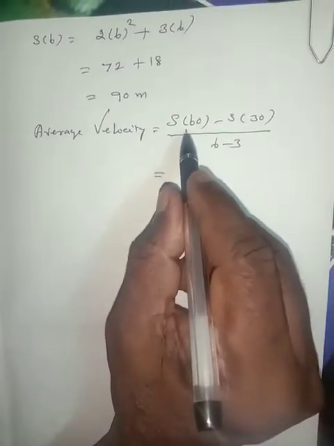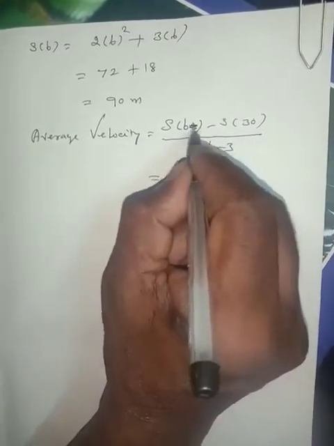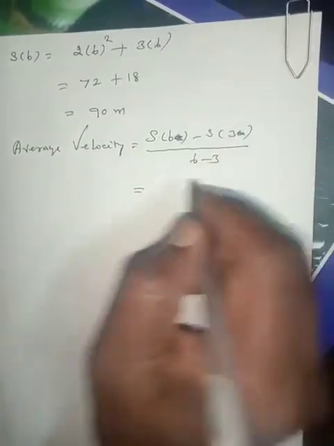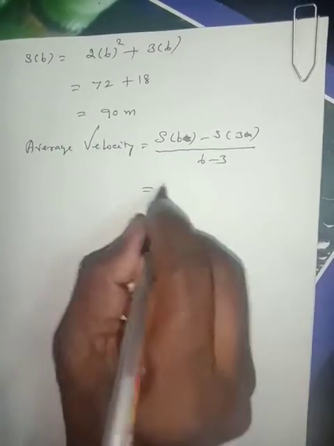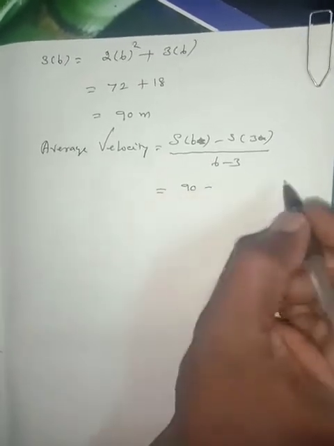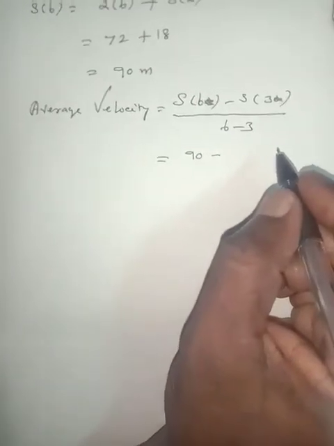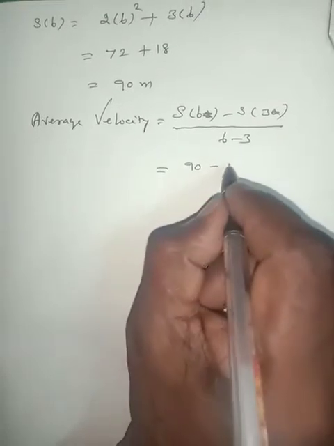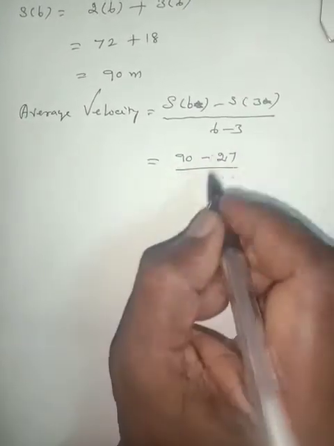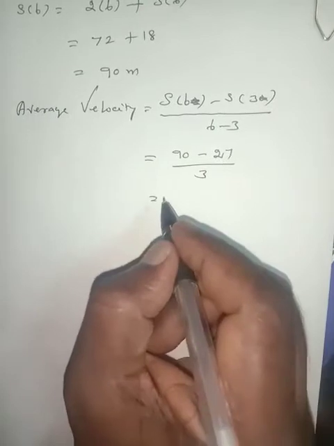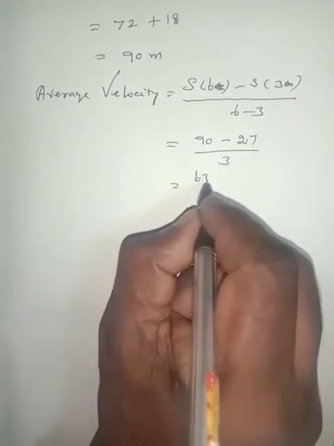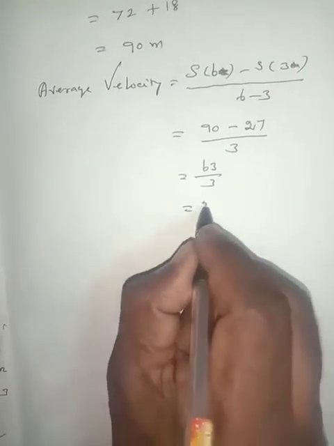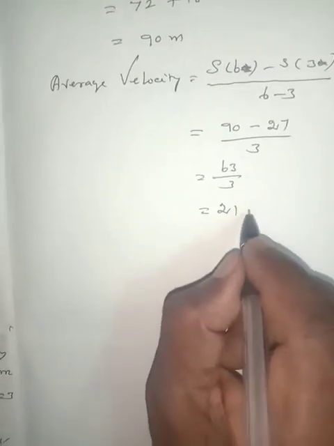S of 6 is 90 minus s of 3 is 27 divided by 6 minus 3 is 3, is equal to 63 divided by 3 is equal to 21 meter per second.